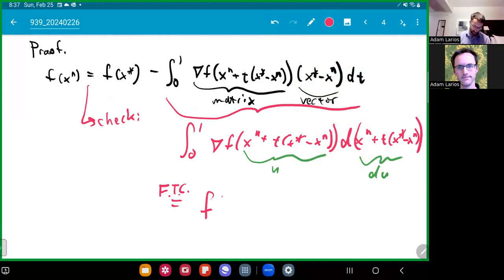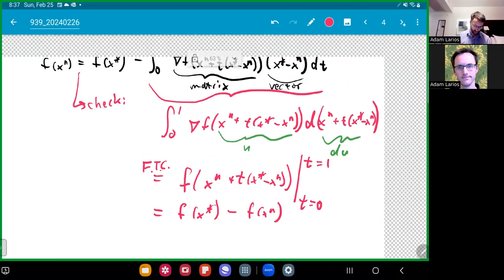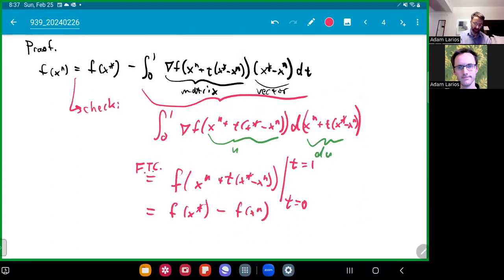So this is just f of xn plus t times x star minus xn, evaluated from t equals 0 up to t equals 1, which is just f of x star. If you plug in t equals 1, then the xn cancels, so you get f of x star minus, and if I plug in t equals 0, you get f of xn. After moving this to the other side, that's what we have up here.